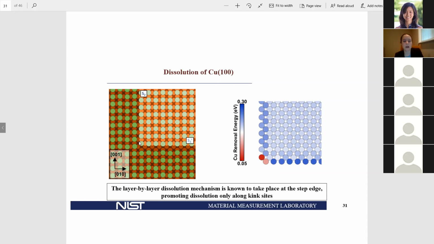And so we can sequentially remove every single atom along the step edge to identify which atom has the lowest copper removal energy. And we find, just like we expected, that the layer by layer dissolution mechanism promotes dissolution along these kink sites.